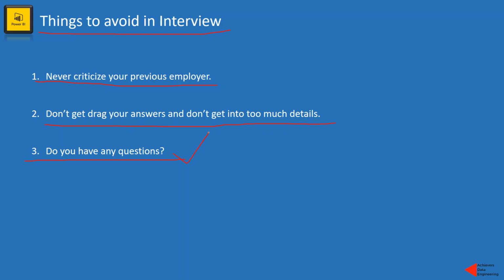If the interviewer explains the project's details, it's good for you, because if you are selected for another round, you can prepare yourself considering the situations and the environment of that project, whatever the interviewer has explained to you.